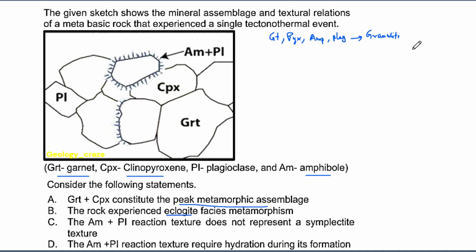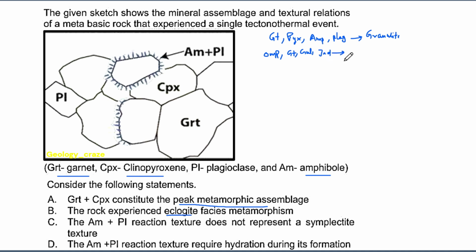Next is eclogite. In eclogite we are getting omphacite, garnet, glaucophane and jadeite.